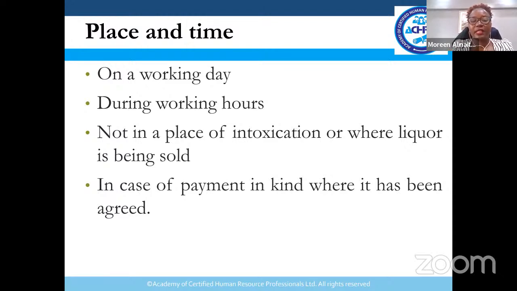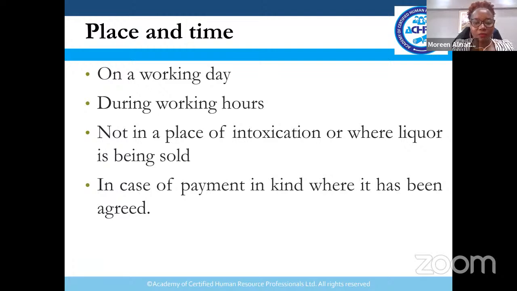In case of payment in kind, where it has been agreed, okay? For example, sometimes you see companies which are selling merchandise or land or whatever, they pay their employees in kind when it has been agreed. Somebody can say, I will take a television worth 20,000, okay? Or I will work for you for 1 year and then you'll give me half an acre of land.